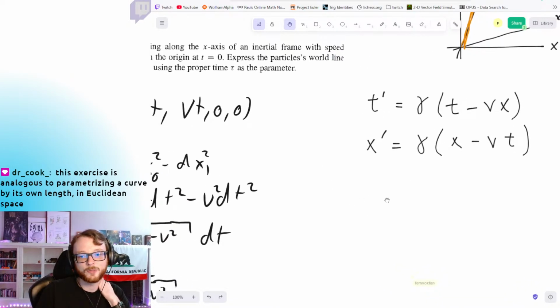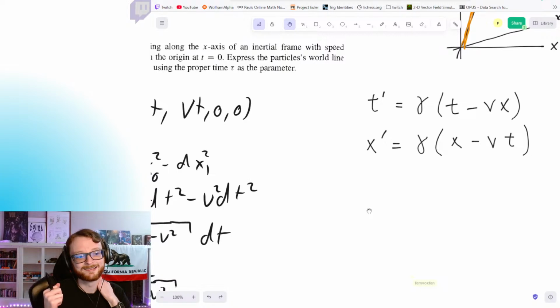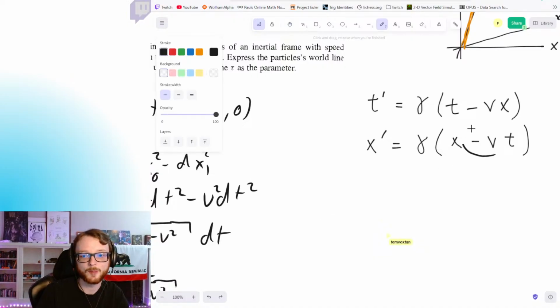Yeah, I think there would be a sign issue, but I think it'd be the same, because they said you could just change the sign of velocity and you're basically reversing which one's the observer and which one's the one being observed. Yeah, I guess the particle would see the other frame moving away at speed minus v, so maybe that v would get its sign flipped, or both the v's would get their signs flipped.